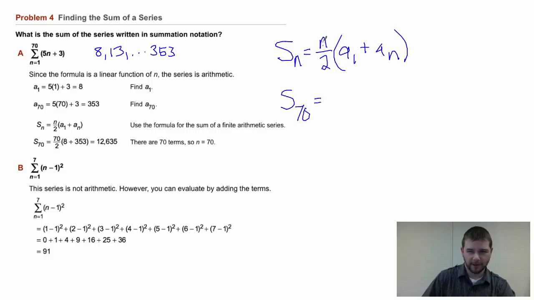So that will equal 35 times the quantity, 8 plus 353.